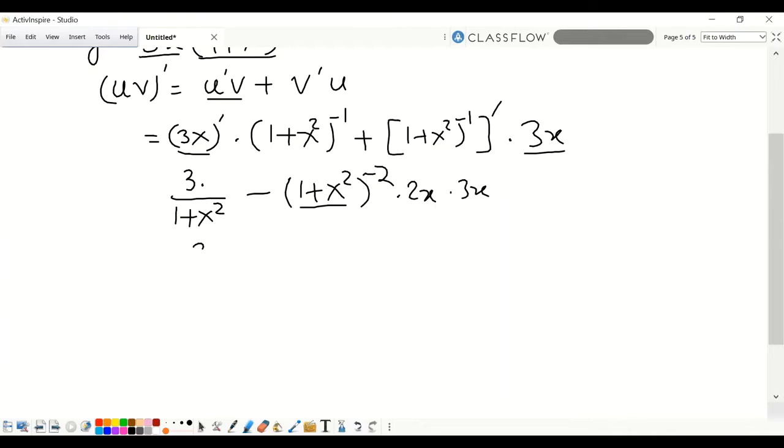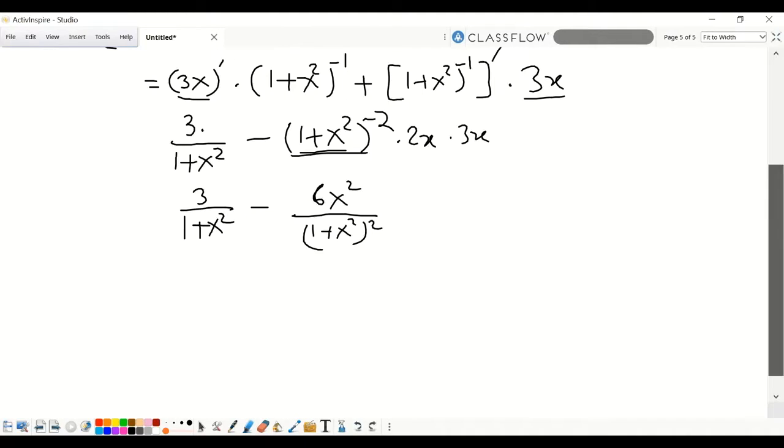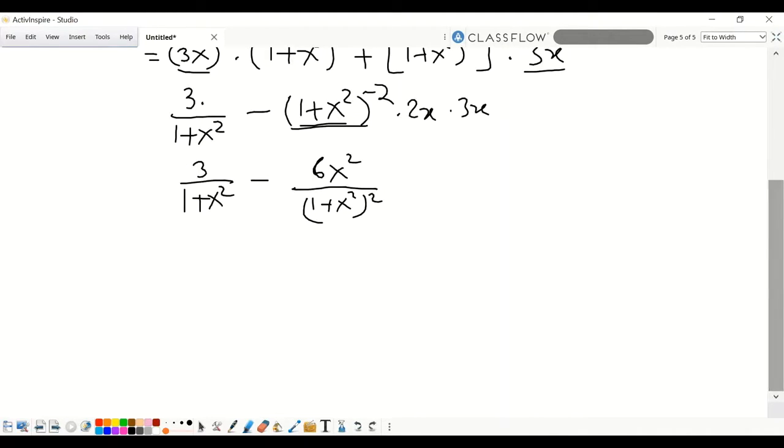So now 3 over (1 plus x squared) minus, let's bring it as a denominator, (1 plus x squared) squared, and on top we have 6x squared. Now, we have to simplify this by combining the two parts. So, I will multiply this by (1 plus x squared) more again. Why? Because I want to combine them, they must have the same denominator.